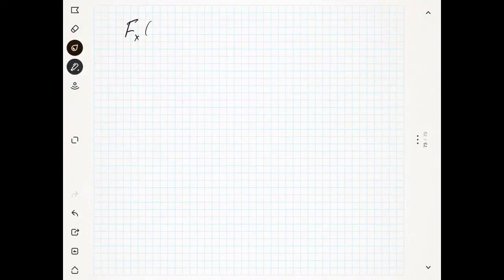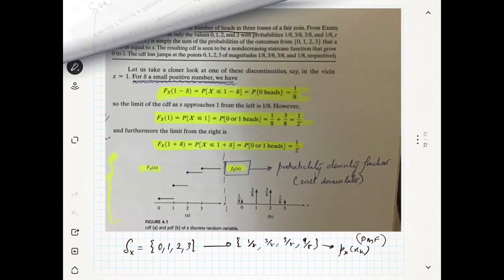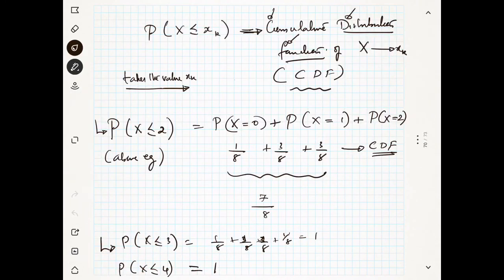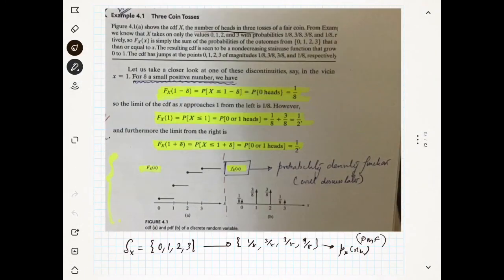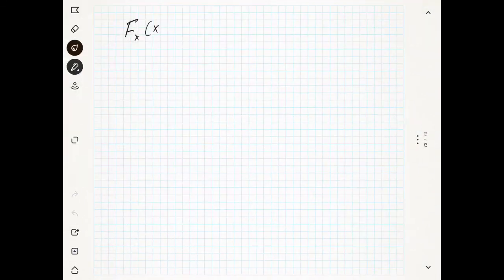So the cumulative distribution function of 0 is nothing but the probability that the random variable x takes the value less than or equal to 0.